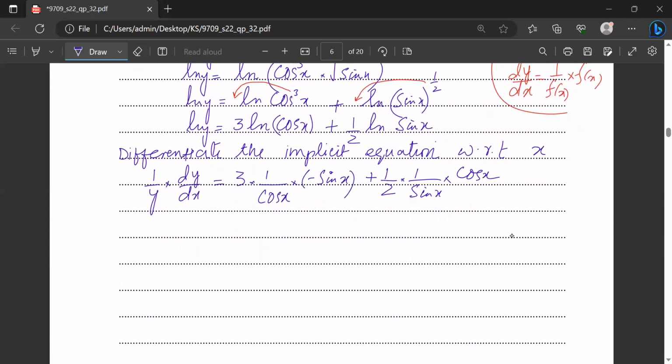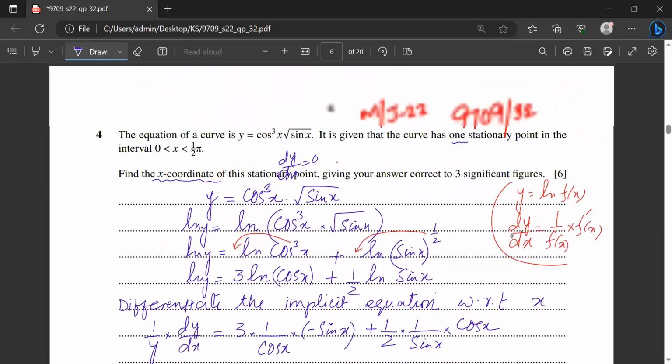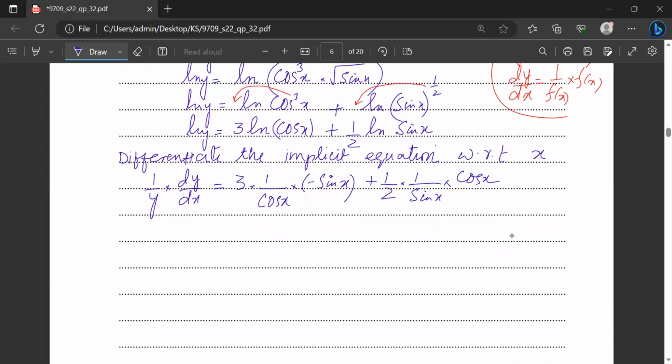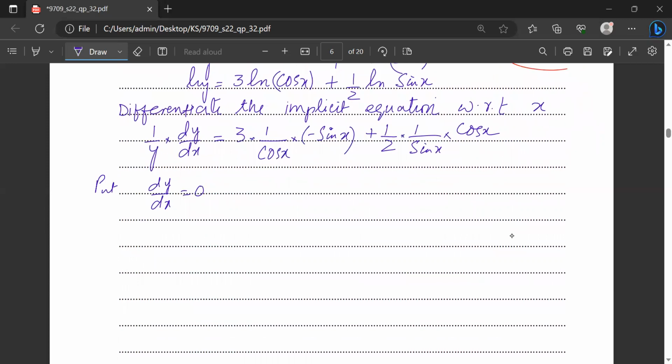As we are looking for the x coordinate of the stationary point, dy by dx is equal to 0. So at this stage, put dy over dx equals 0. Obviously on the left hand side it is 0.